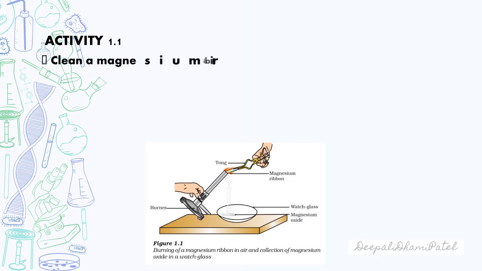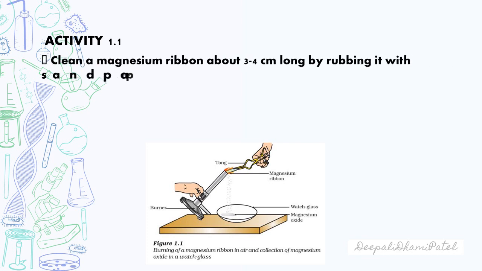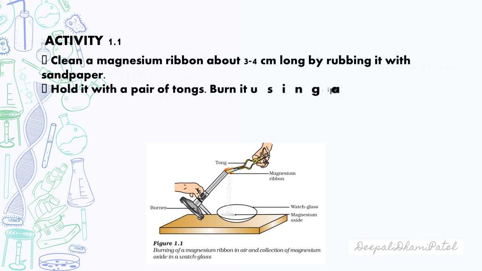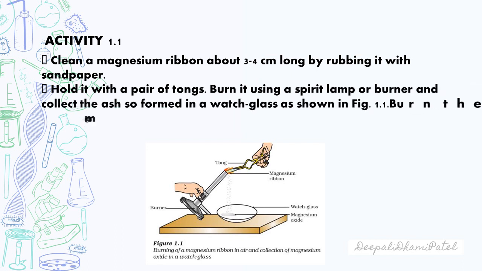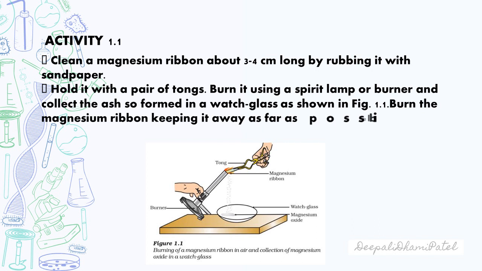In this activity, we are taking a clean magnesium ribbon about 3 to 4 centimeters long and rubbing it with sandpaper to remove any oxides on it.